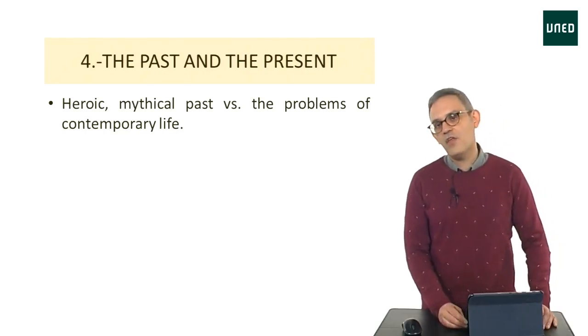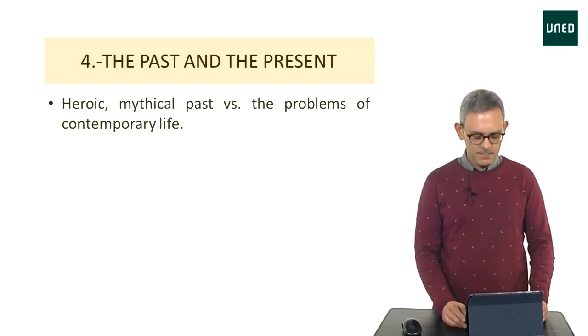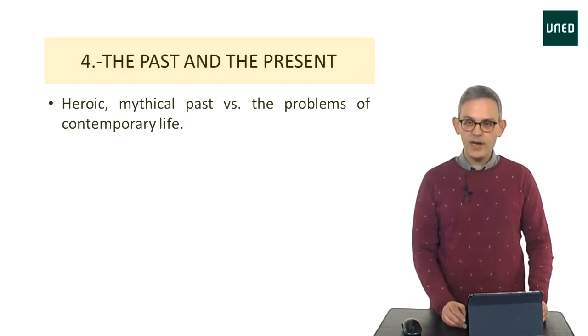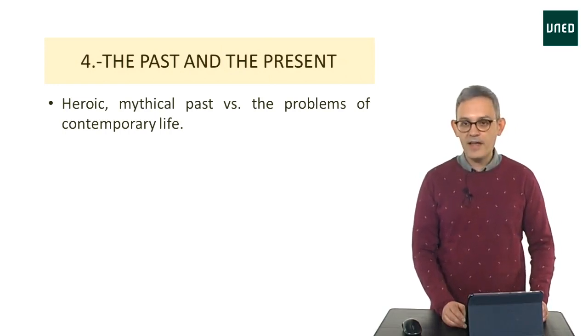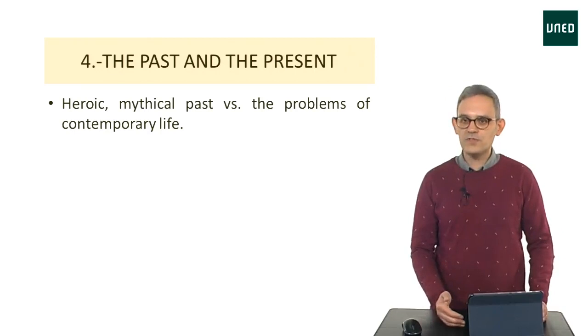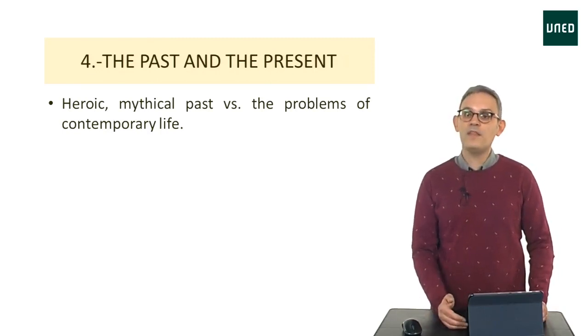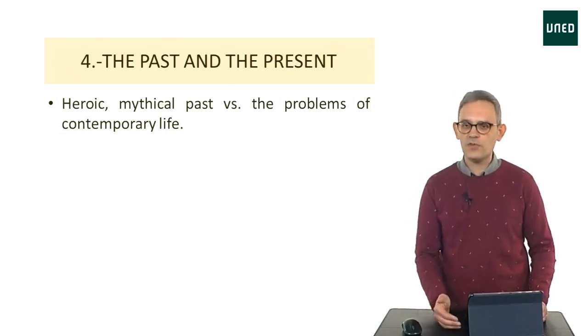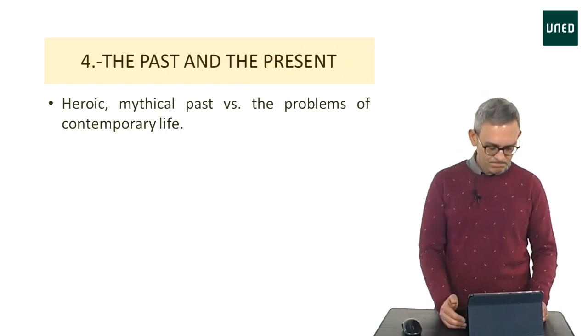On the one hand, those who considered that poetry had to find inspiration in a heroic mythical past, and on the other, those who claimed that poetry could not overlook the problems of contemporary life, very much as the novel was doing. If you think, for example, of the Condition of England novel that concerned itself with the undersides of industrialization. So some poets thought that poetry should do the same or something comparable.